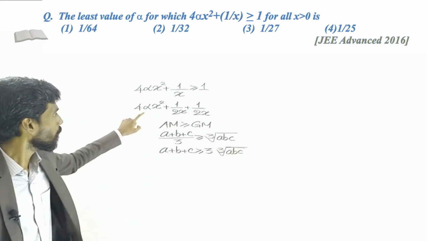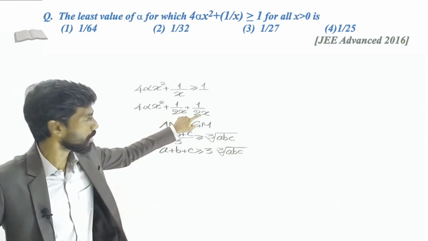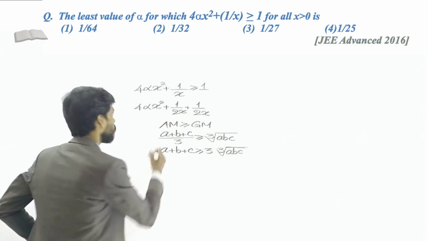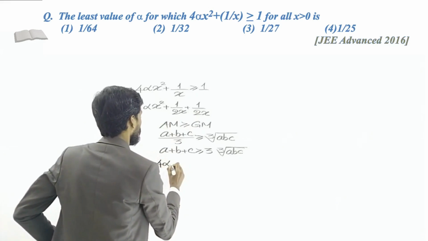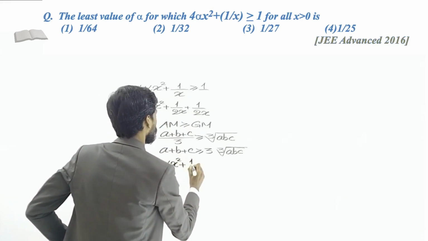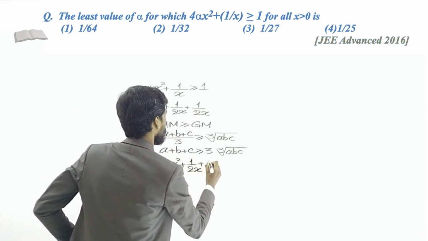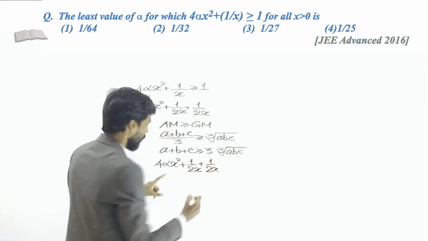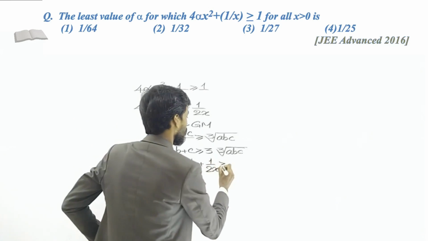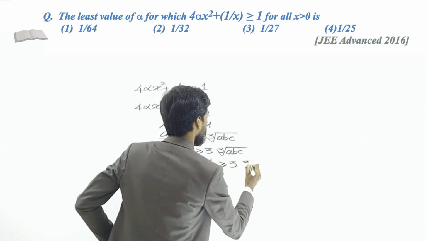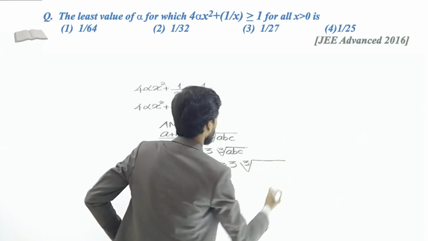Here it is like a plus b plus c, so 4 alpha x square plus 1 by 2x plus 1 by 2x is greater than or equal to 3 multiplied by the cube root of abc.